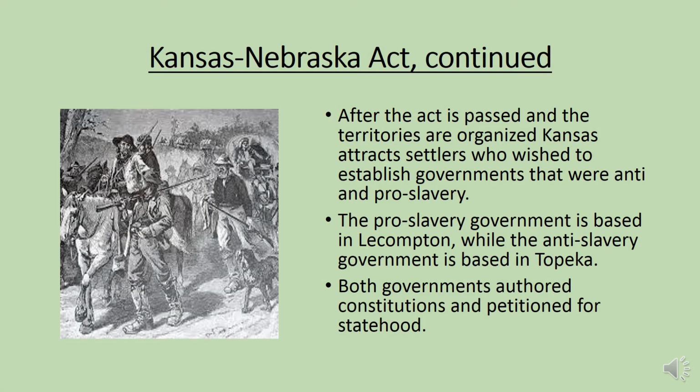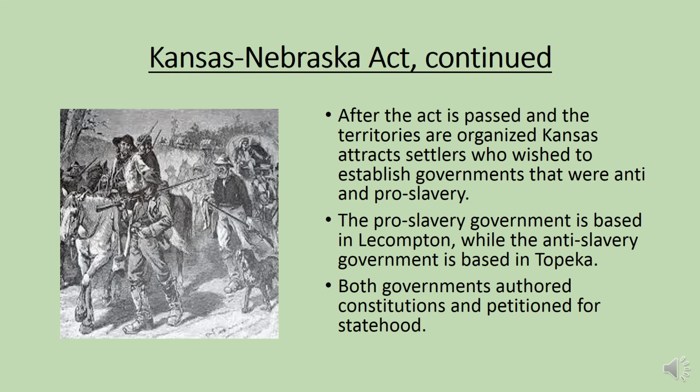After the act is passed and territories are organized, Kansas attracts settlers who wish to establish governments that were anti and pro slavery. The bill passes, it establishes the territory of Kansas and the territory of Nebraska, and then you start to have people flooding into Kansas who were both pro-slavery and anti-slavery advocates. They both set up governments, and this is where these two sides oppose one another.